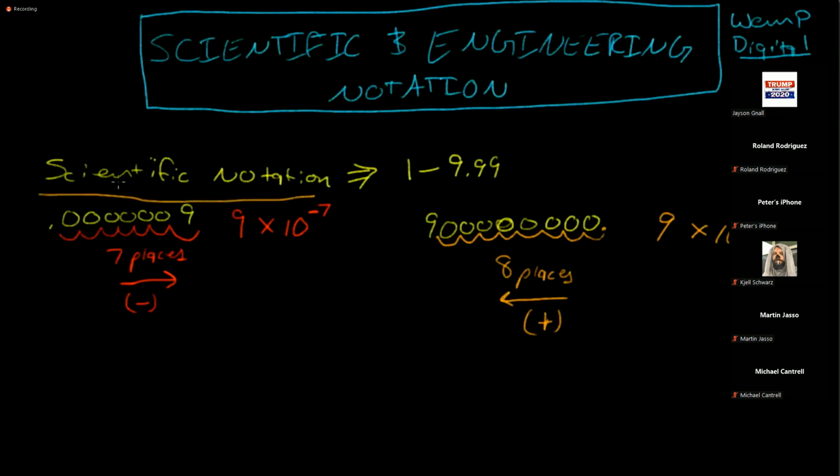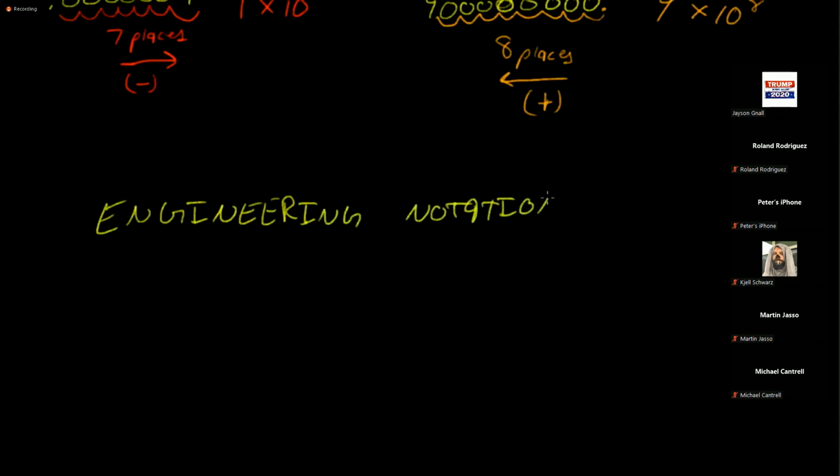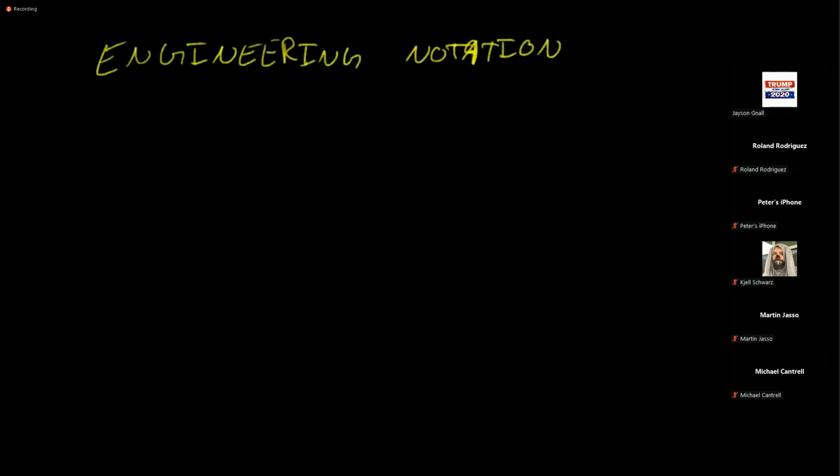Now, we use scientific notation quite a bit, but we use another type of notation, which is called engineering notation. Engineering notation is basically the same thing as scientific notation, but we like to move things in threes.